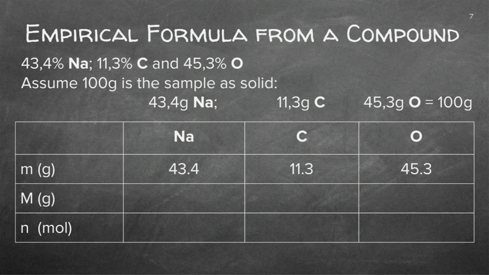Now let's have a look at the empirical formula of this specific compound. So they're giving me the compound that I have. It's got 43, that's almost a quarter, 43.4% sodium. Can you see there?